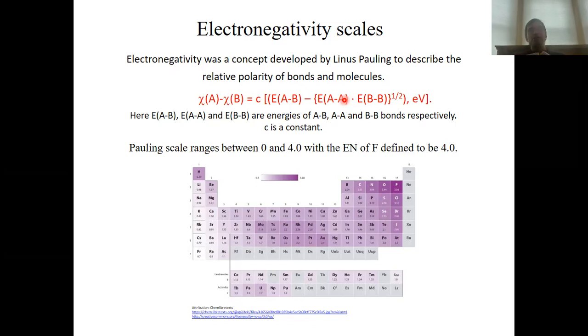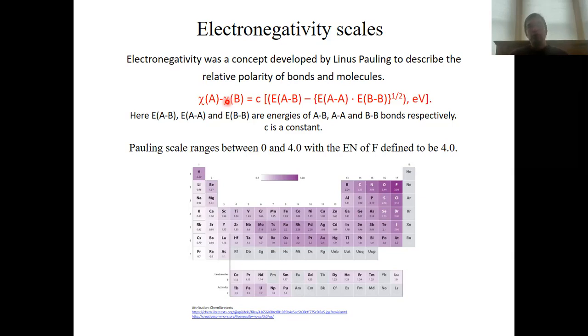Okay, so now according to this idea, we are only getting electronegativity differences, not absolute electronegativity values. So you must define a reference point.